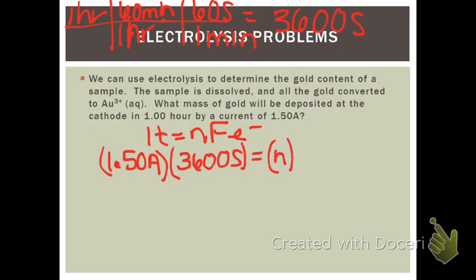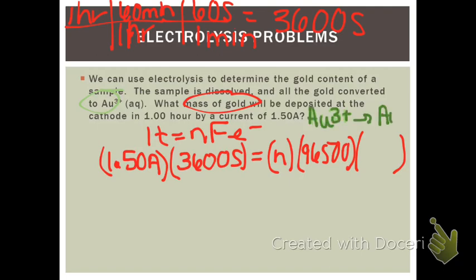And we're going to be solving for n, and I know that because I'm doing mass of gold. Gold's a solid. F, 96,500. The hardest part for students is E, figuring out how many moles of electrons are transferred. The key is you have to be able to interpret it. You're taking gold 3+, and you're turning it into gold solid.